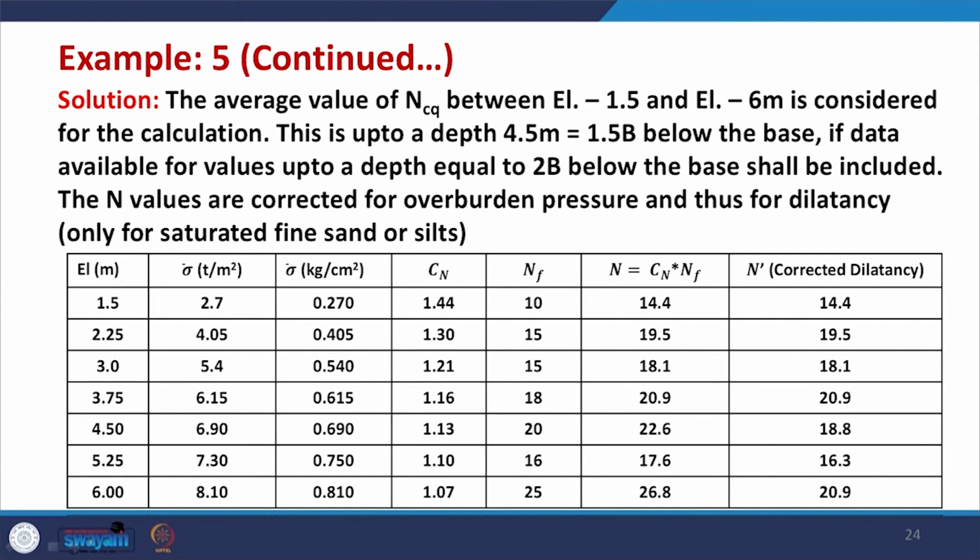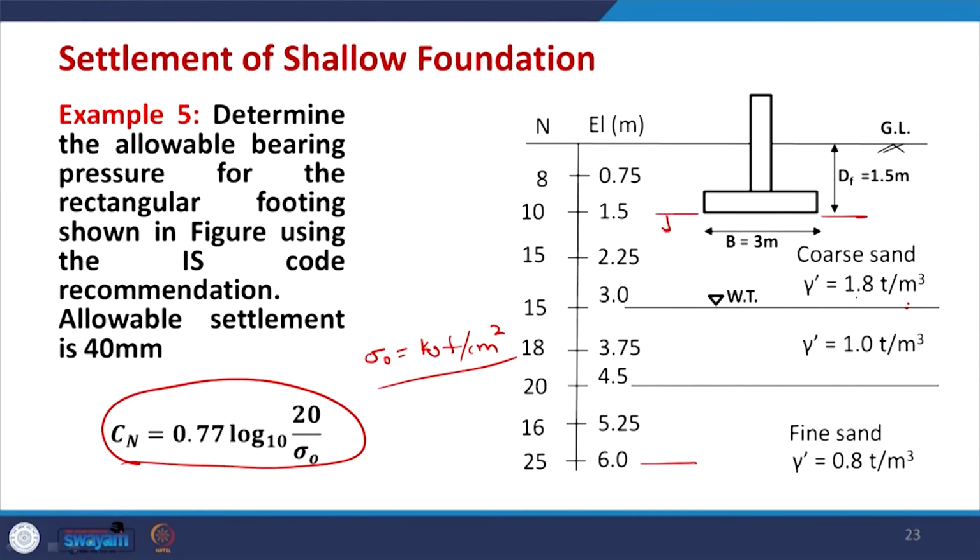So, data are enough. Now, the first column is elevation which is given, the second column is calculated simply as gamma into h, where gamma is not constant; the given data is varying. Gamma for the first layer is 1.8 ton per meter cube, for the second layer 1 ton per meter cube, while for the third layer 0.8 ton per meter cube.